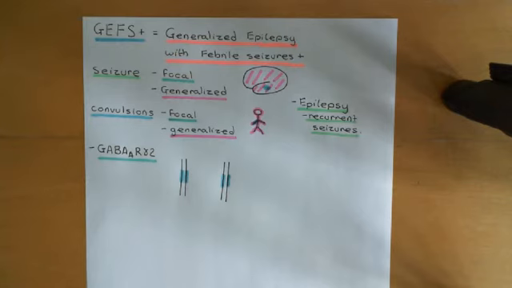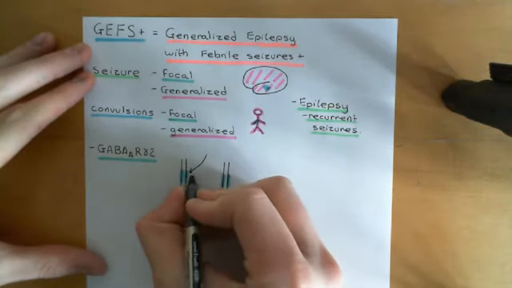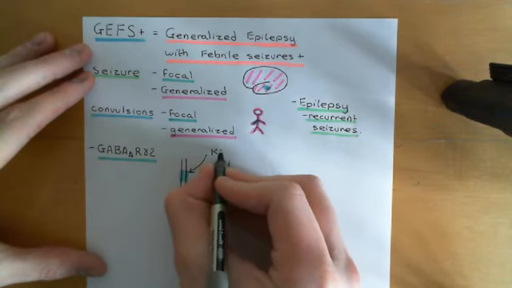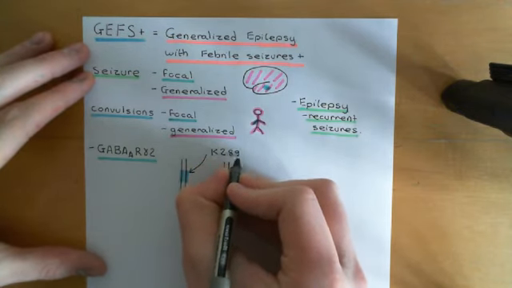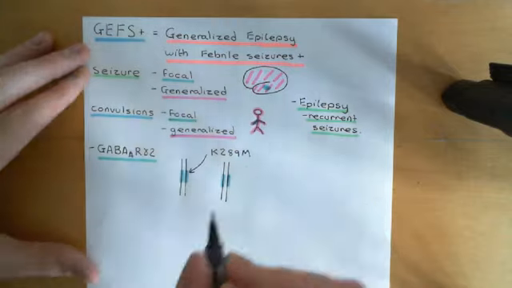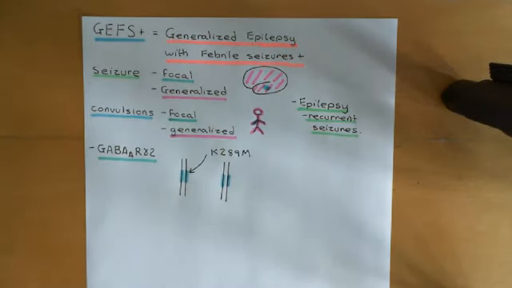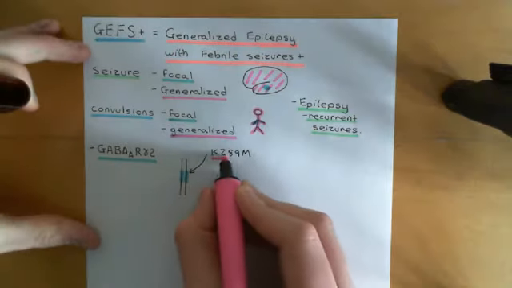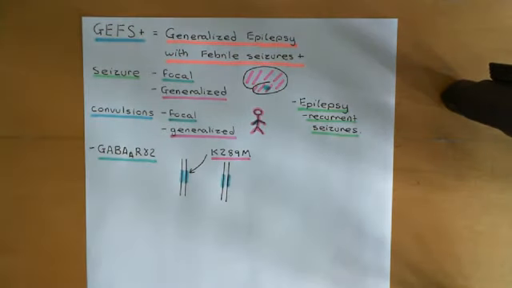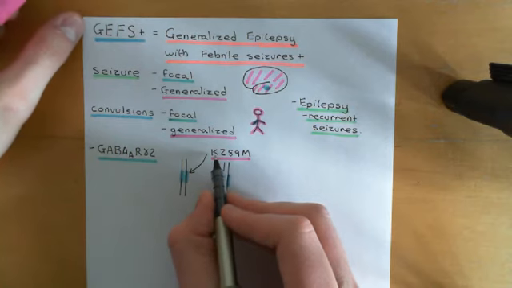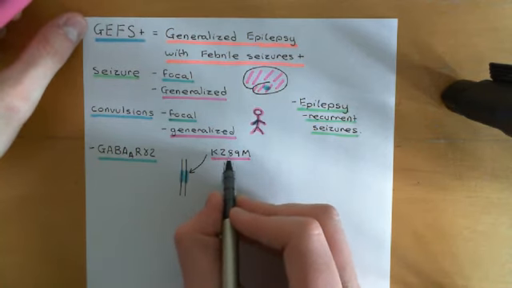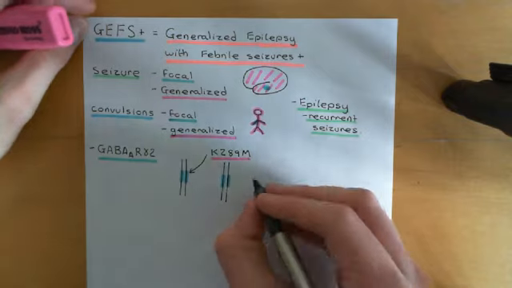Let me give you an example of a mutation in the GABA A receptor gamma 2 gene which can lead to generalized epilepsy with febrile seizures plus if you have a copy of it in your germline. An example is K289M. What does this mean? To read this, you need to know how to read mutation lingo. It means that the amino acid lysine at position 289 has been mutated to a methionine.